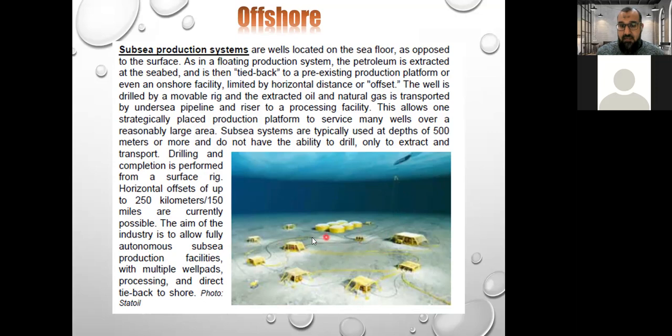This is the undersea pipeline. What is the undersea pipeline for? For gas transportation, to transport gas from one location to another.